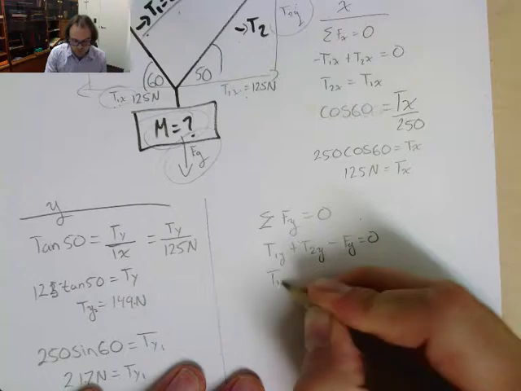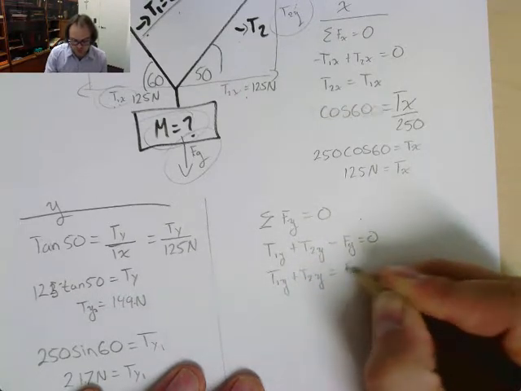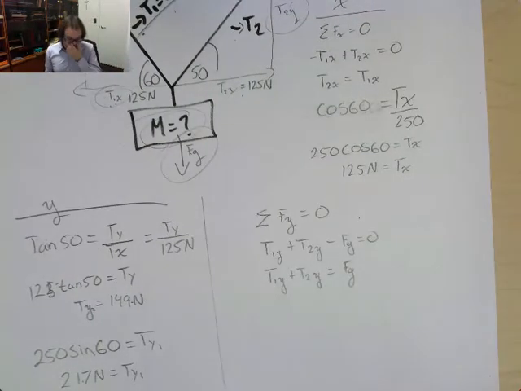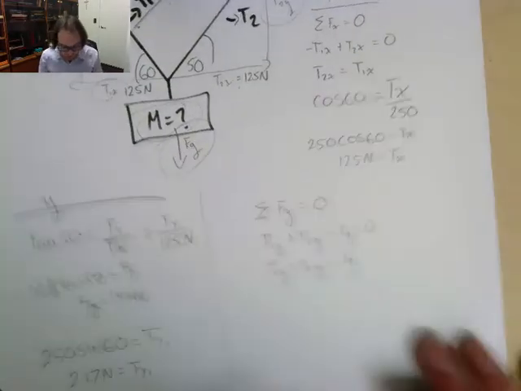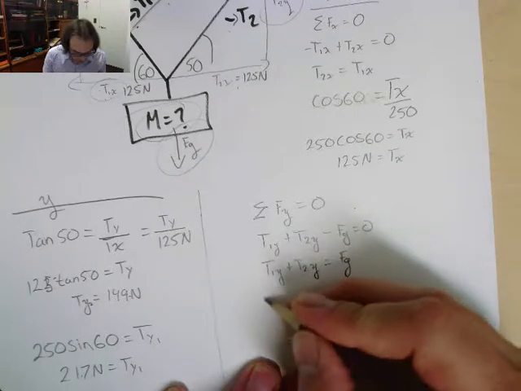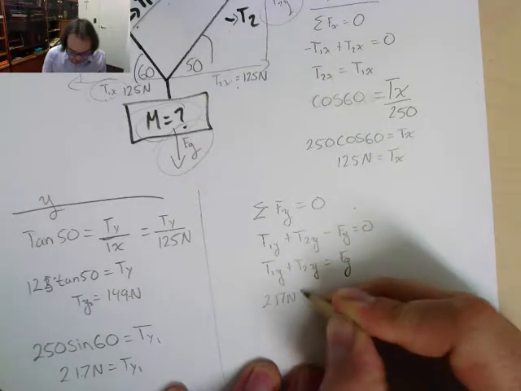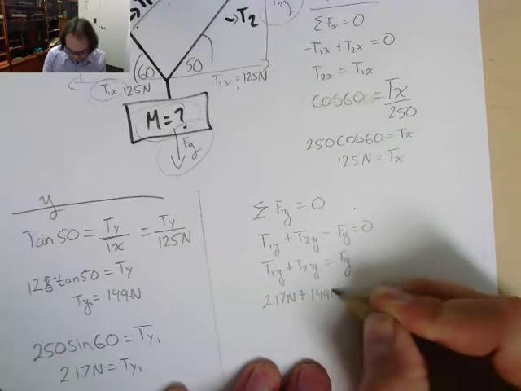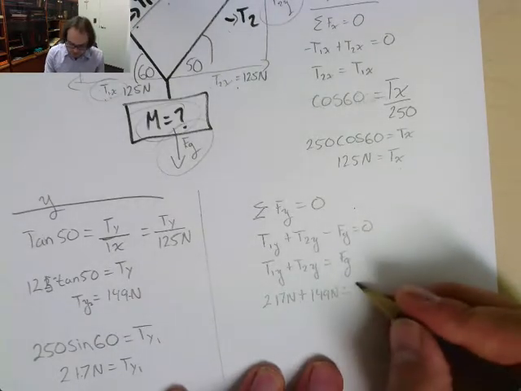In other words, T1y plus T2y must equal the force of gravity, which is my weight, or W. So now I could find my weight. That is 217 newtons plus 149 newtons, which ends up giving me a total of 366 newtons.